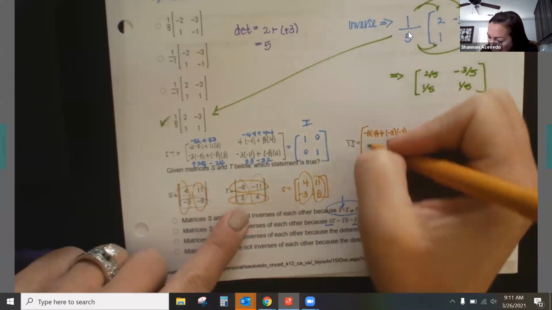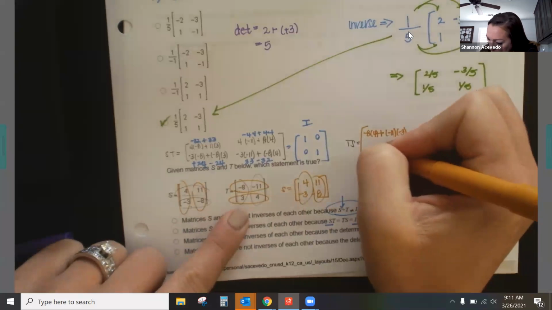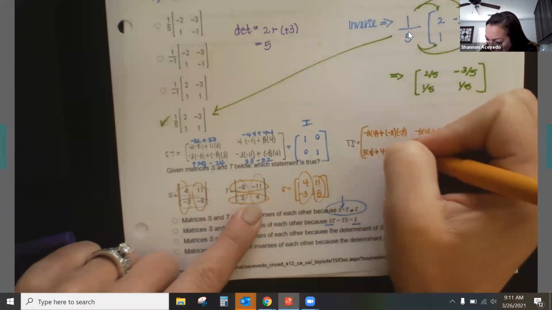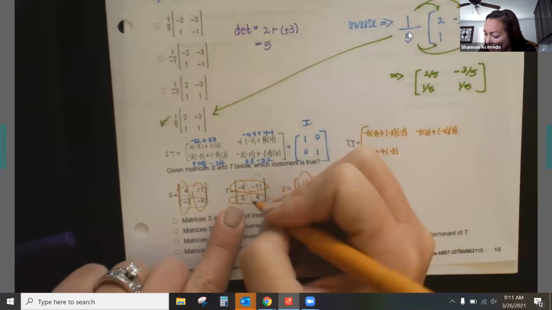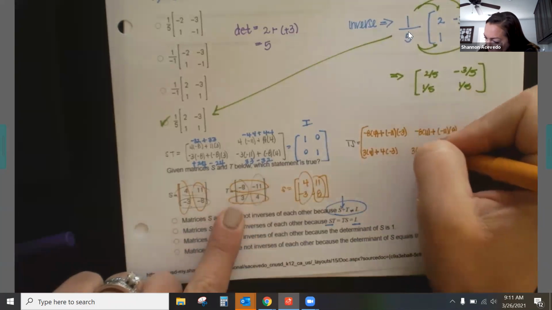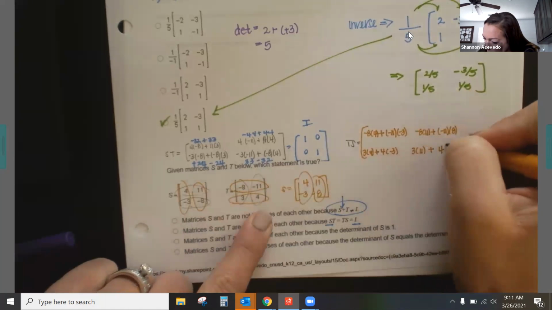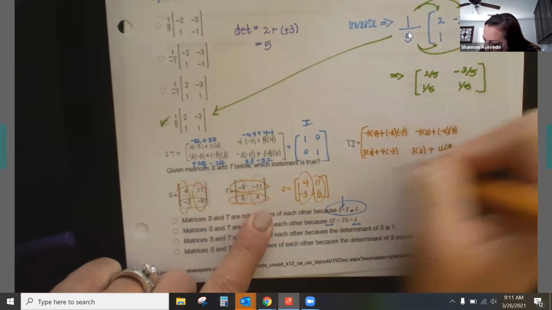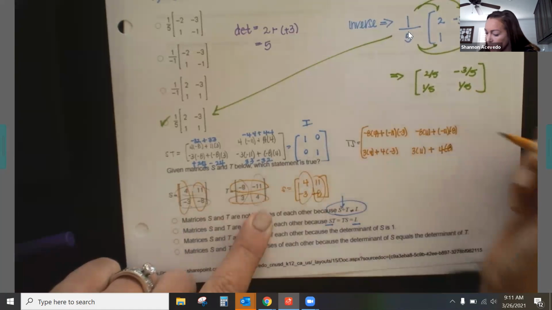Then I'm going to have my 3 times my 4 here, plus my 4 times my -3. And then my last row and last column is going to be 3 times 11 plus 4 times my value of -8.